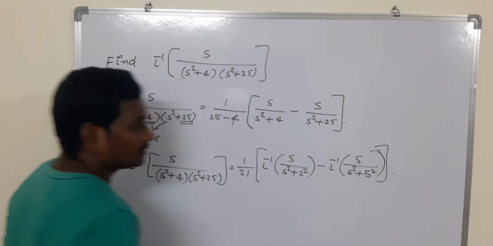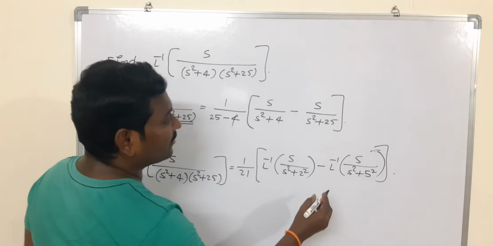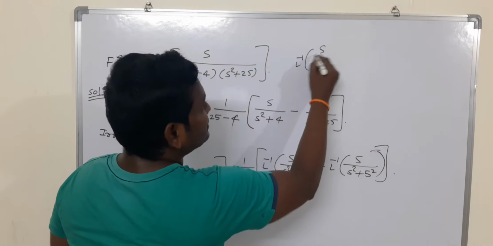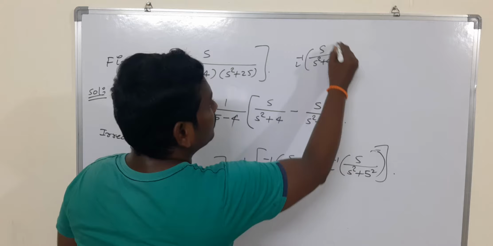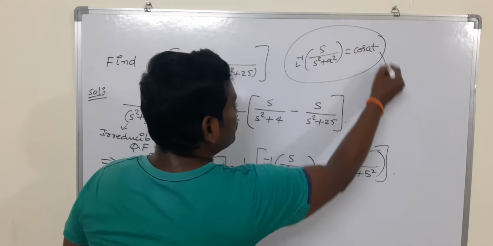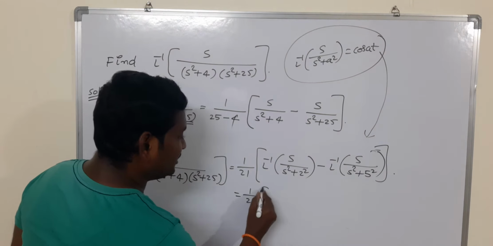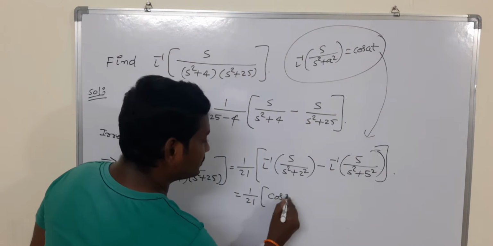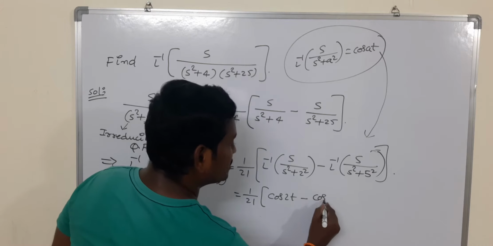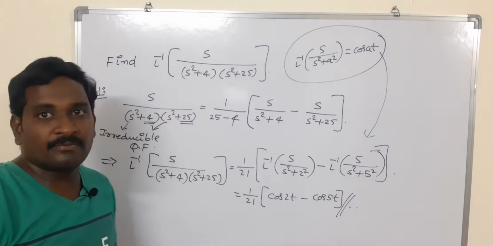Close the brackets. Clearly, both parts are in the form of L inverse of s by (s square plus a square), which is cos at. According to this formula, we get 1 by 21 into (cos 2t minus cos 5t). This is the result of the given problem.